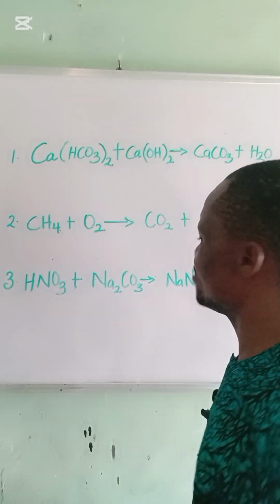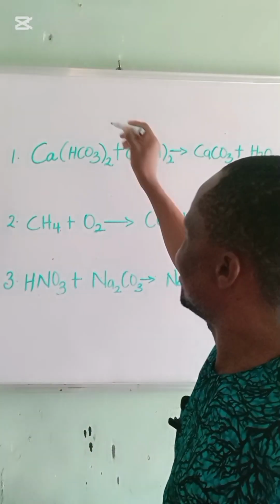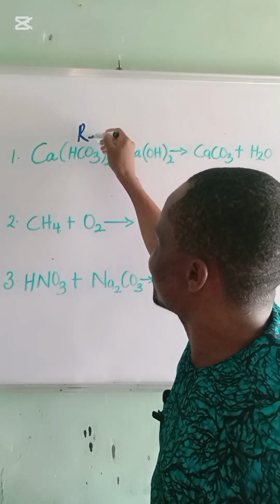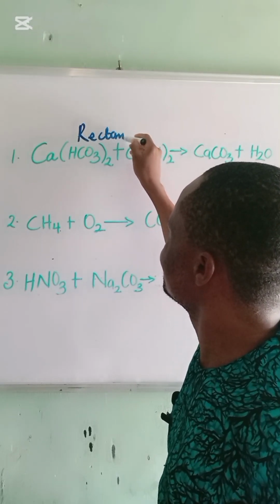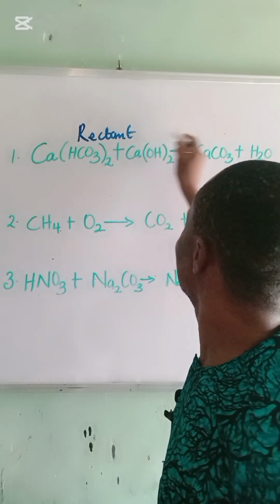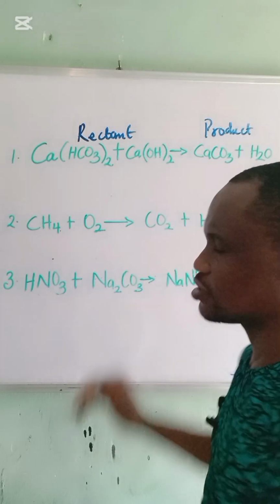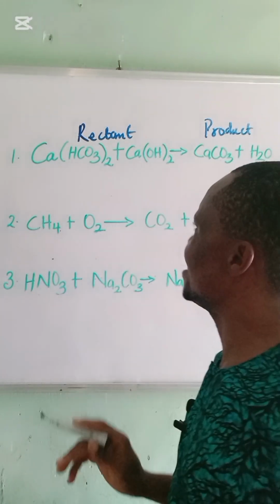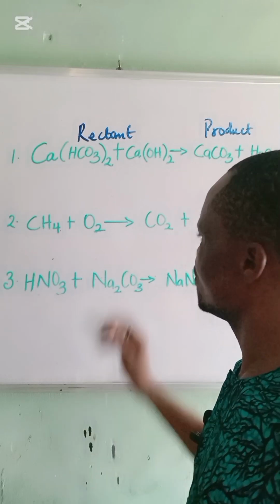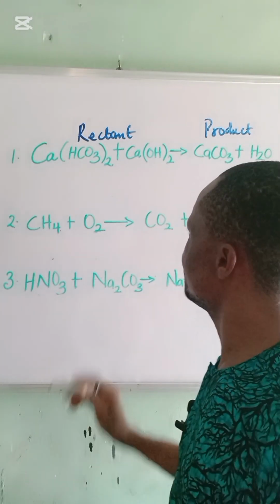Now, this is the first chemical equation for us to balance. And remember that this side is the reactant side, and this is the product side. So for you to balance this equation, let's do it here.